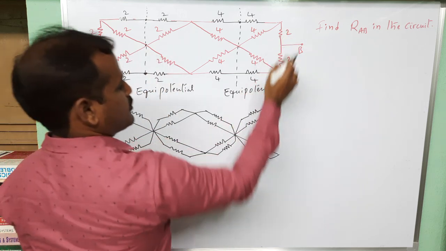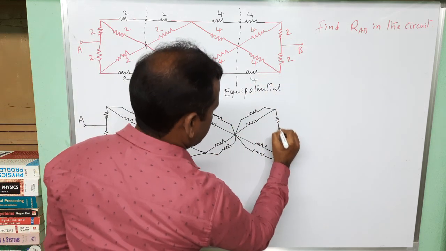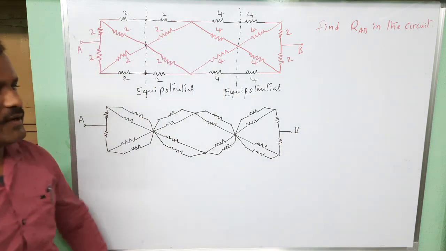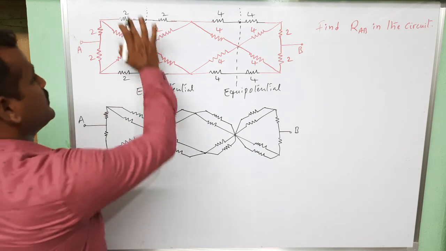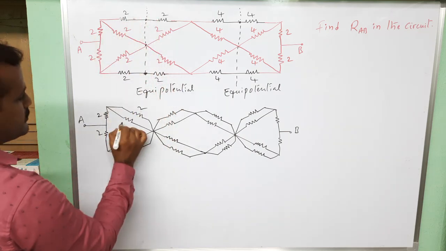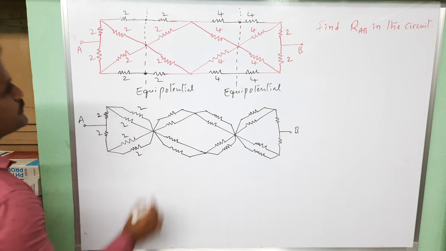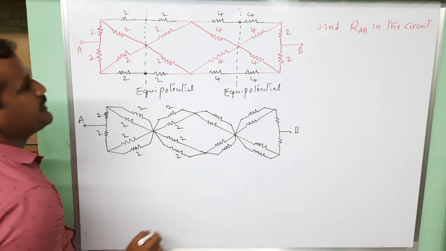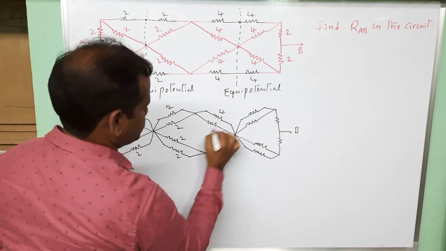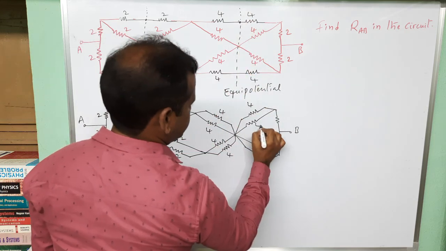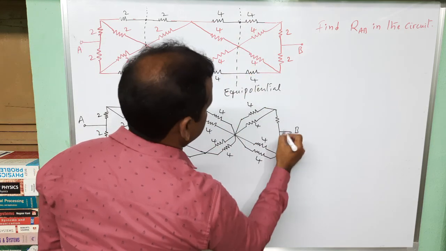And remaining here 2 ohm resistances are there. Like this, the circuit is drawn with the resistance values. This is 2, this is 2, this is 2, 2, 2, 2, and these are all 2, and these are all 4, and these are all 4. These two are 2 ohms.